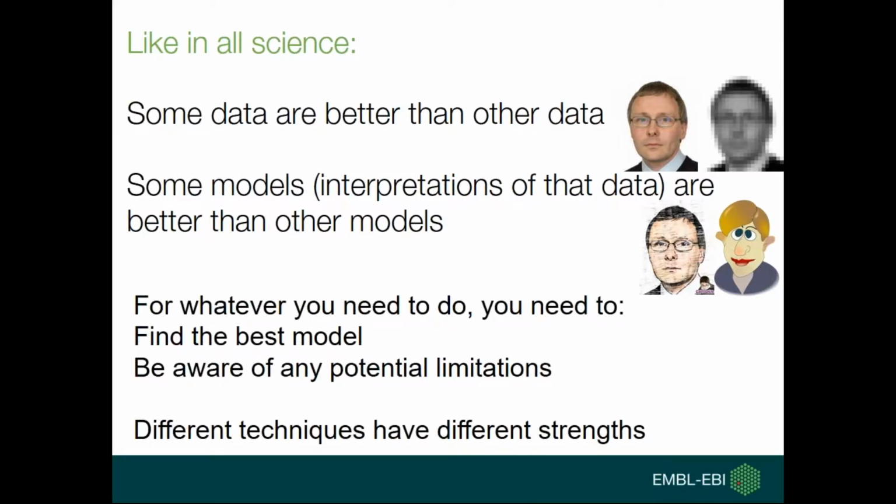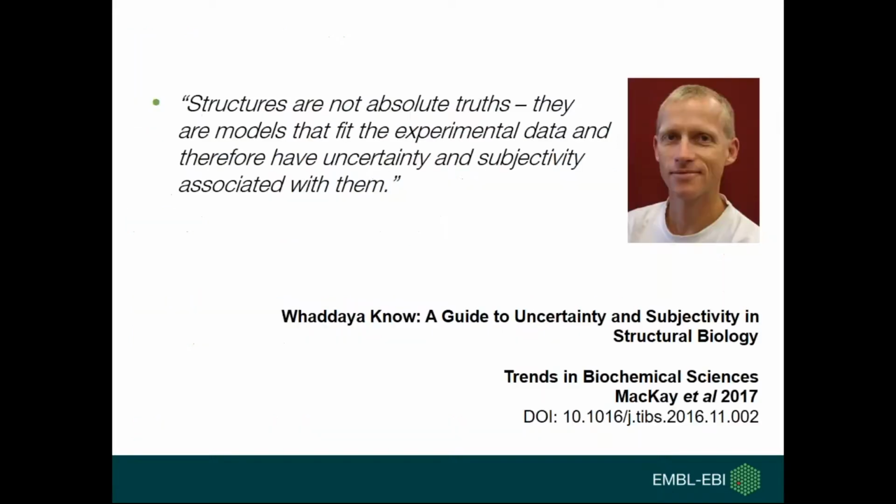For whatever you need to do, you need to find the best model. You need to be aware of potential limitations in that model, because different techniques have different strengths, different models have different features in them.